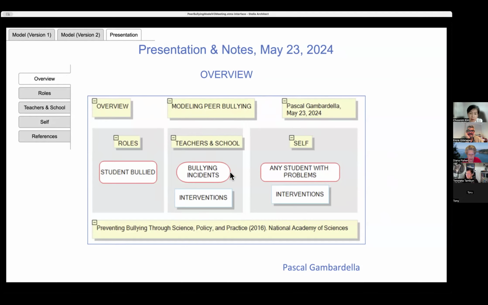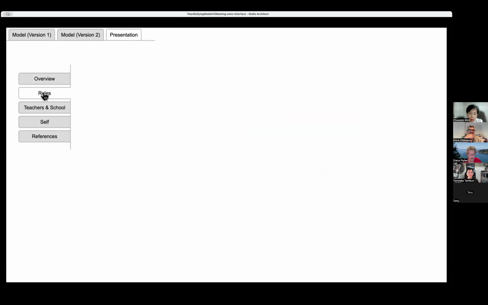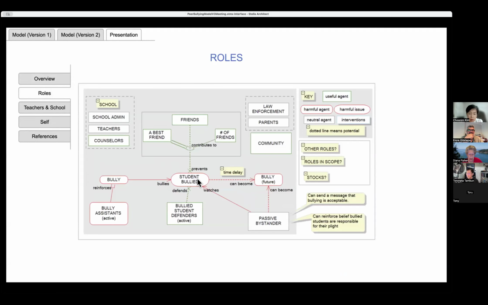We were interested in bullying incidents in the school, students who were bullied, and students with problems. And then this was more or less about identifying the student who is bullied, the bully, students who were bullied could become bullies, and friends, how they impact.